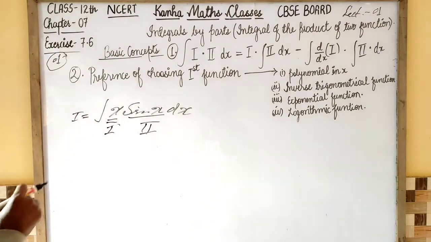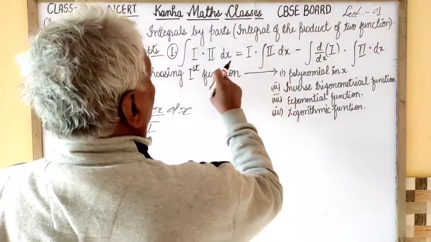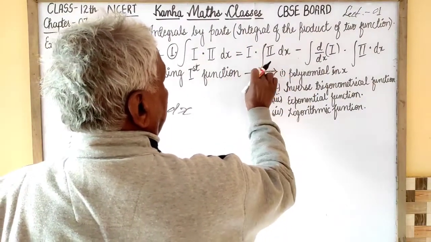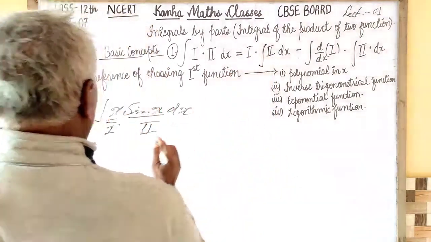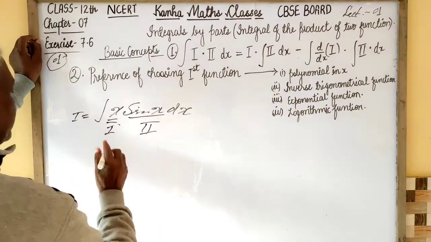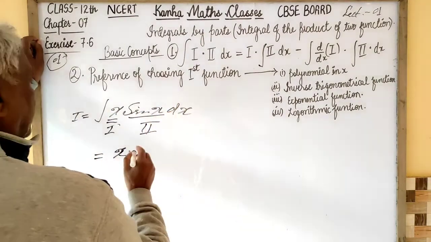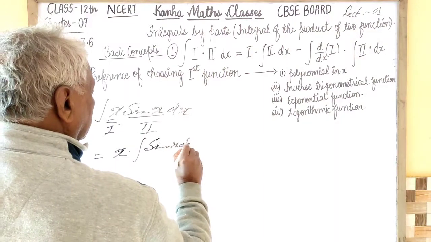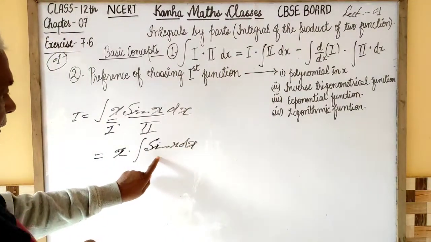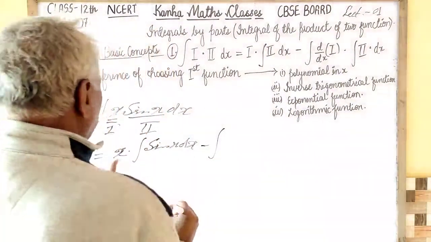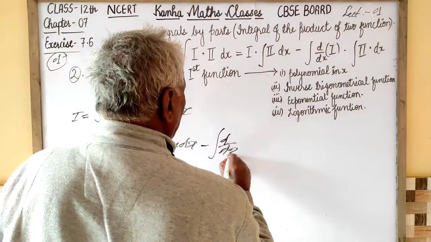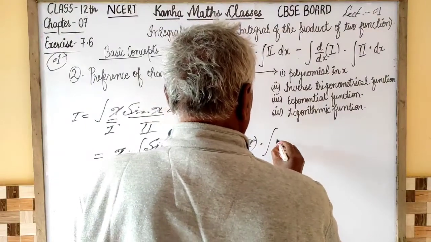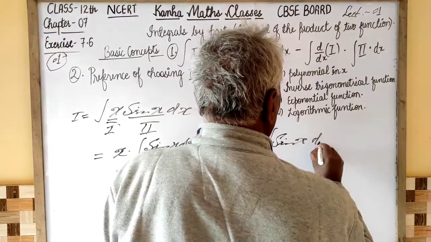Now look at the basic formula of the product of two functions, or integral by parts. On the right-hand side, first function, x, into integral of second function, sin x dx, minus integral of differential of first, d dx of x, into integral of second, sin x dx.